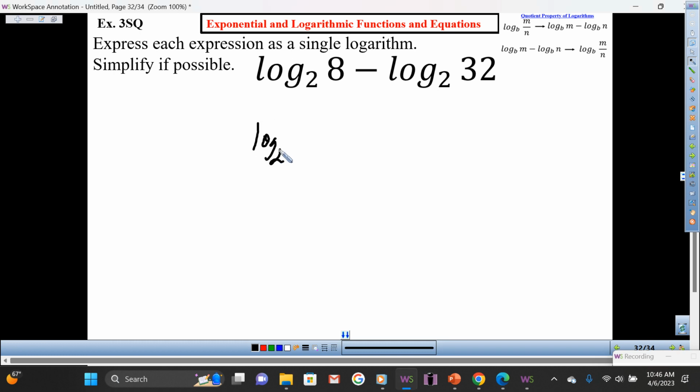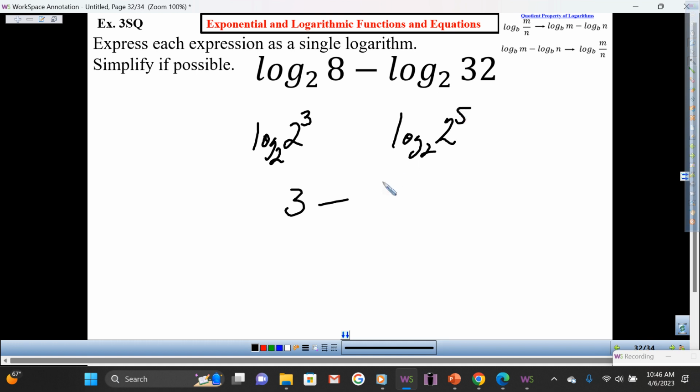Log 2, 2 to the what? Okay, so this is 3 minus, continue. So this is 5. Answer. Hands, have you got that? Yeah, we got this, yes?